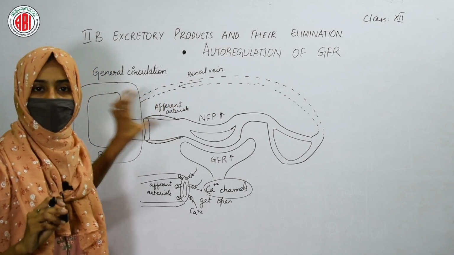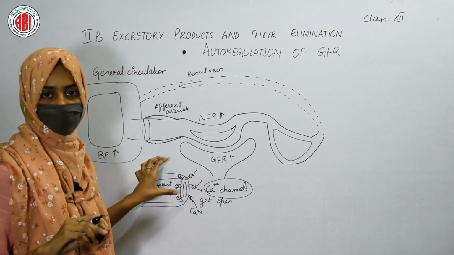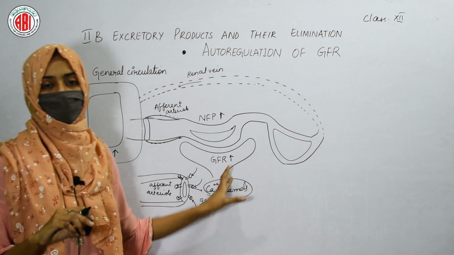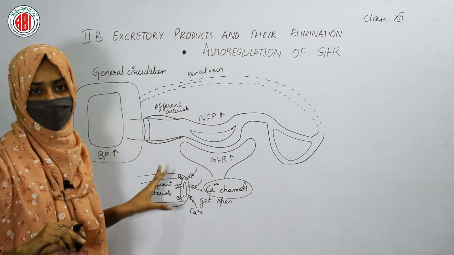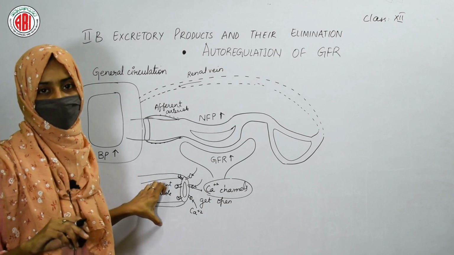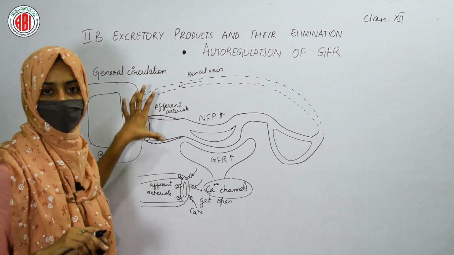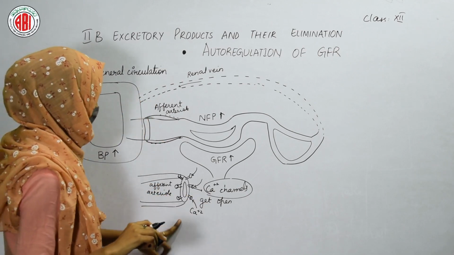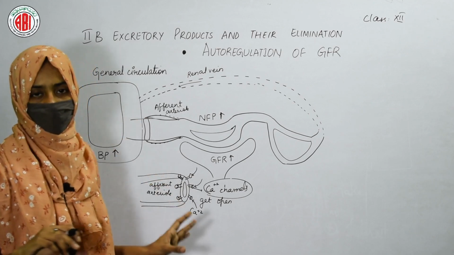Once it gets stretched, the calcium channels present on its walls get open. As soon as they get open, the calcium enters into the efferent arteriole, and this calcium causes the contraction of the efferent arteriole. So, the stretching can be prevented by the opening of calcium channels, and when the calcium enters, it causes the muscle contraction.